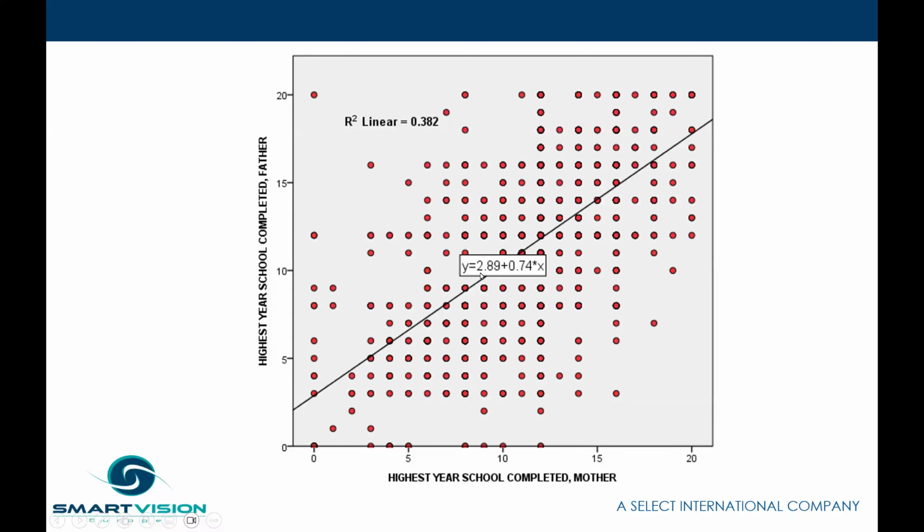So it says, look, you've got the constant here of 2.89 years, just under 3 years, plus 0.74 times x. So if you took 10 years of education for the mother and wanted to predict how many years of education it would be for the father, that would be 10 times 0.74, which would be 7.4 years, plus 2.89, which is roughly just over 10 years.